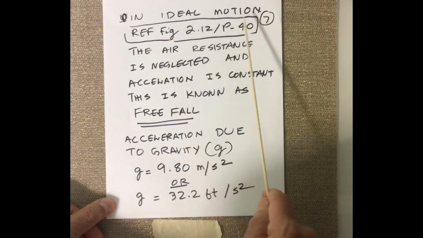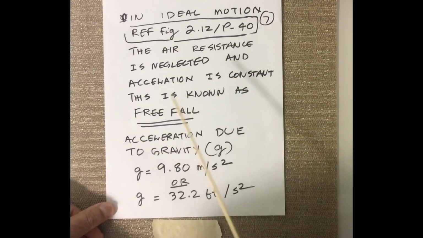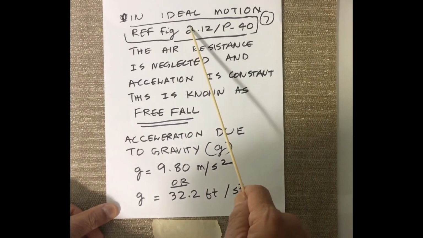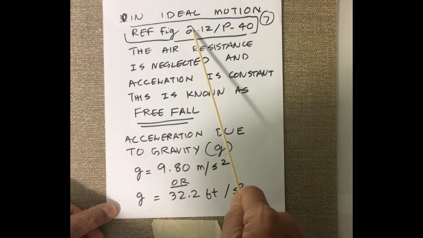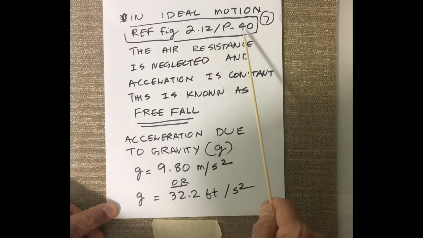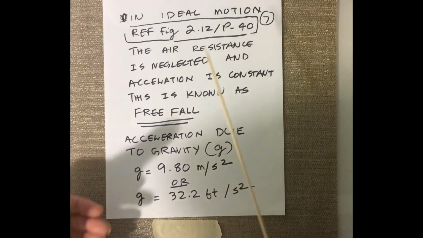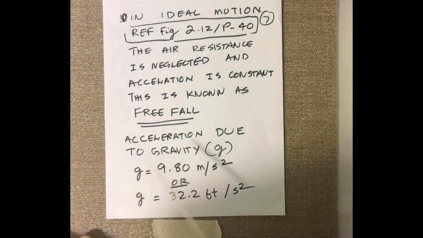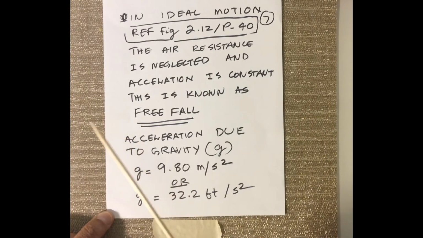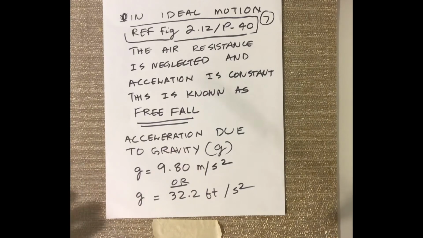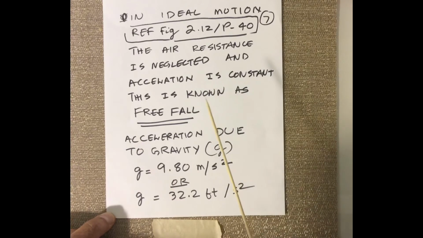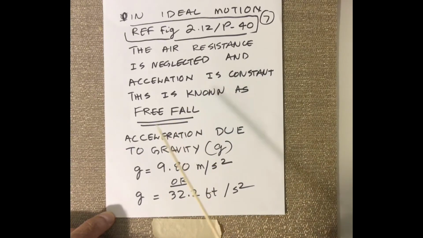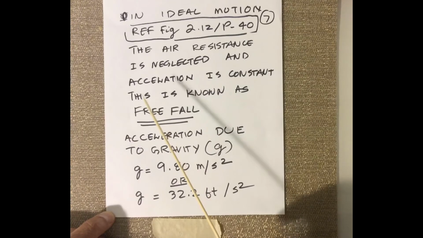For an ideal motion, as you look into figure 2.12 on page 40. In vacuum, if you allow two objects to move, they will fall at the same time, maybe you're throwing a small stone and a paper, so they will drop at the same time. This is a free falling example.